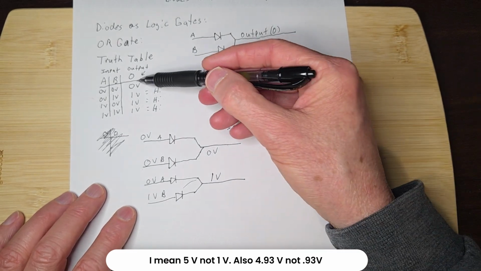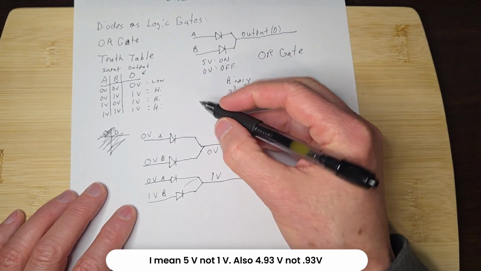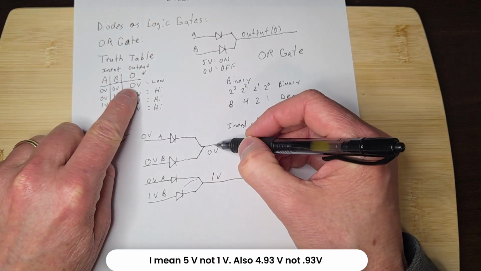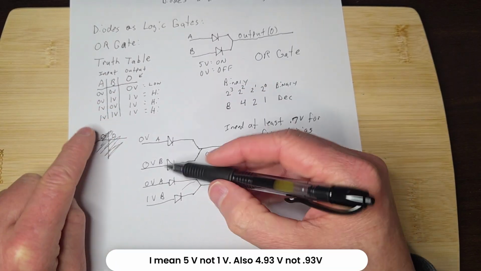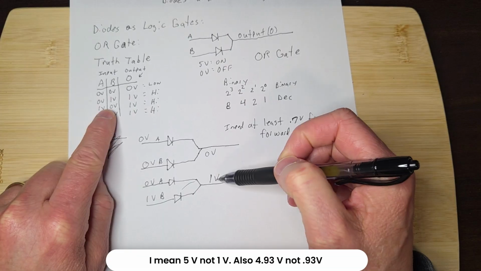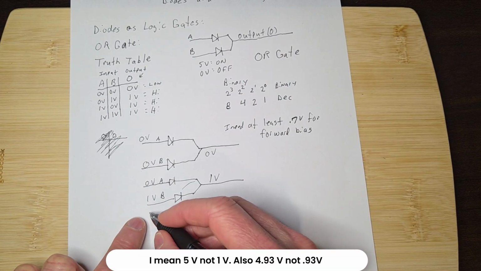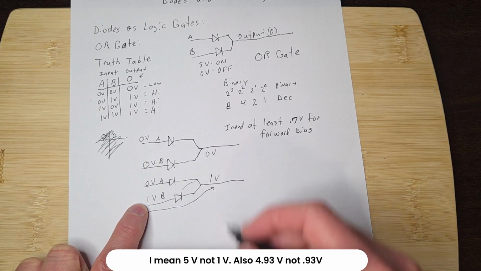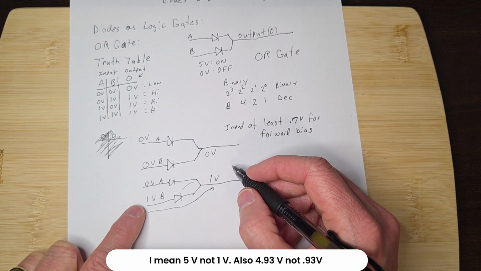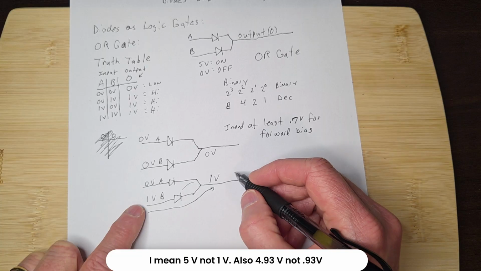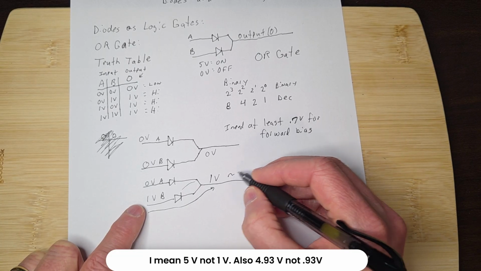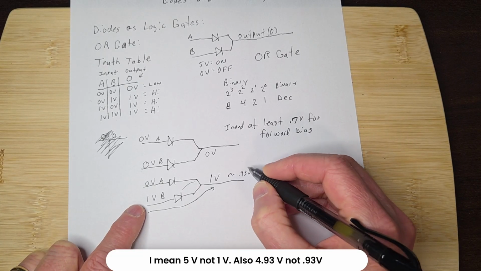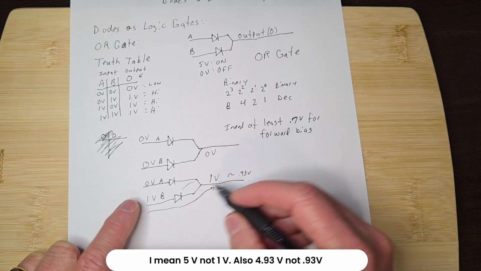So this is the output: the first output, 0 volts, had zeros. Now I'm doing a 0, 1. Well, I got 1 volt because the current's going to flow right through there, because we have that 0.7 volts. You'd probably measure something like 0.93 volts, maybe. So we're getting an output.